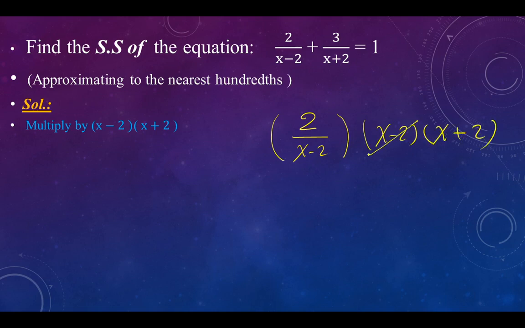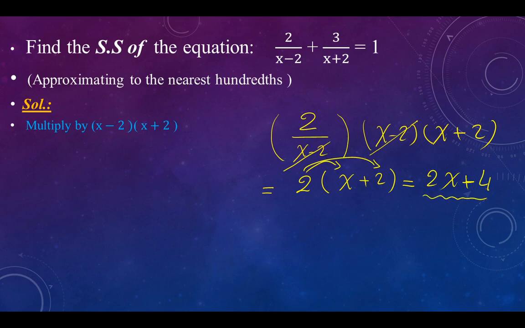Here x minus 2 will cancel x minus 2, so the remainder will be 2 multiplied by x plus 2. We distribute 2 over the two terms of the bracket. 2 times x is 2x, and 2 times 2 equals 4. So the first term will be 2x plus 4.